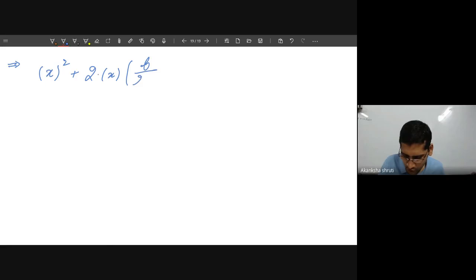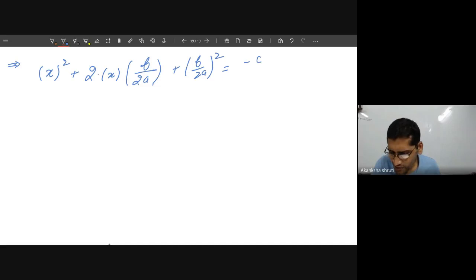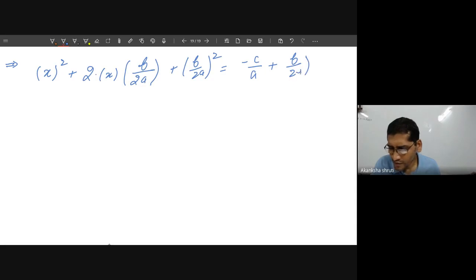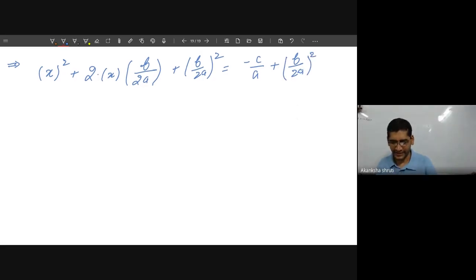It was b by 2a plus b by 2a whole square is equal to minus of c by a plus b by 2a whole square, whatever we have written, we have added. Just I have copied that, nothing else. x I have written as x square so that you can understand.